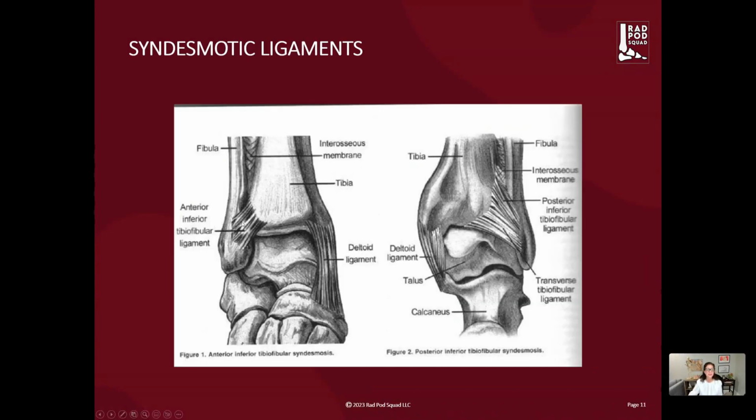Another view of the syndesmotic ligaments, this time anteriorly, we can appreciate the multiple bands of the anterior tibiofibular syndesmotic ligaments. Looking at this from the dorsal aspect, posteriorly, we can appreciate the thick posterior inferior tibiofibular sheet of ligaments and its relationship very closely to the interosseous membrane and ligament.